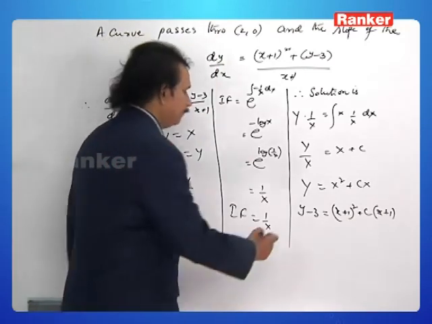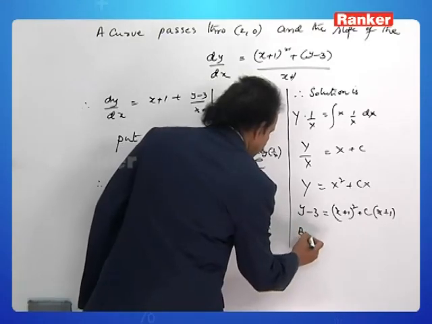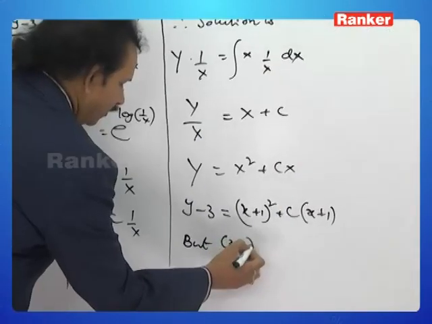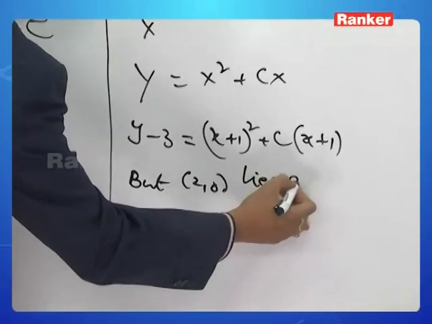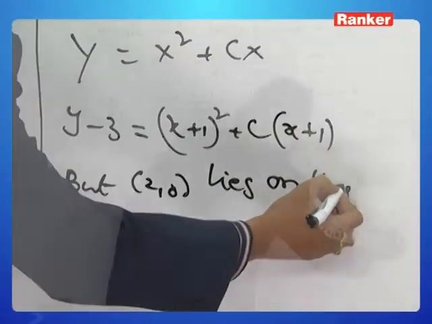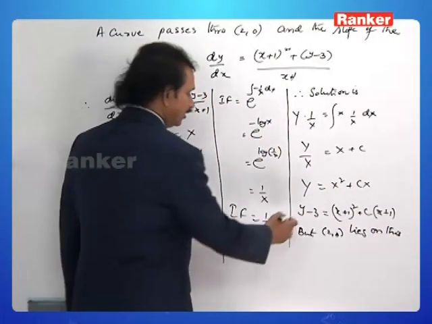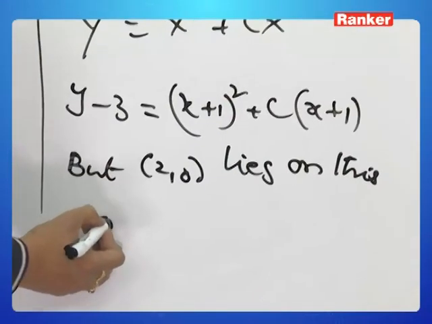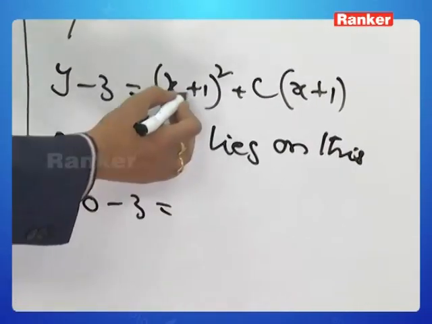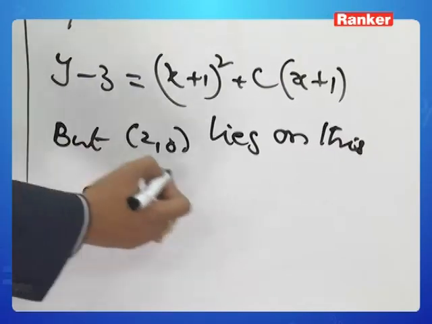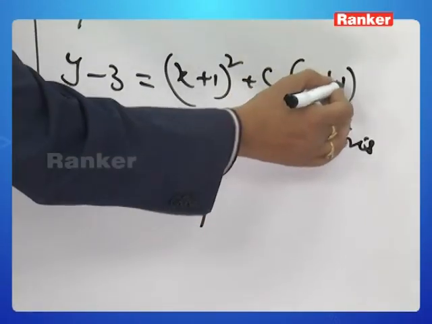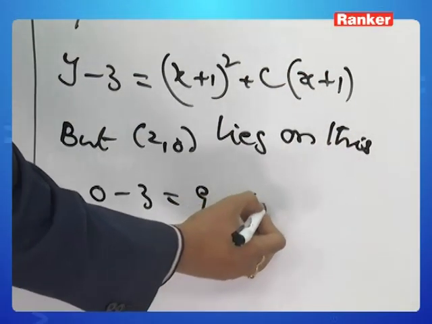See, (2, 0) lies on this. Substitute. y is 0, minus 3 is equal to (2 + 1) is 3, 3 square is 9, (3 + 1) is 4, plus 4c.